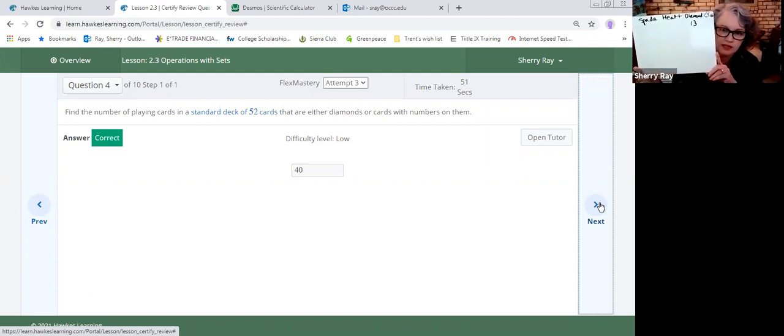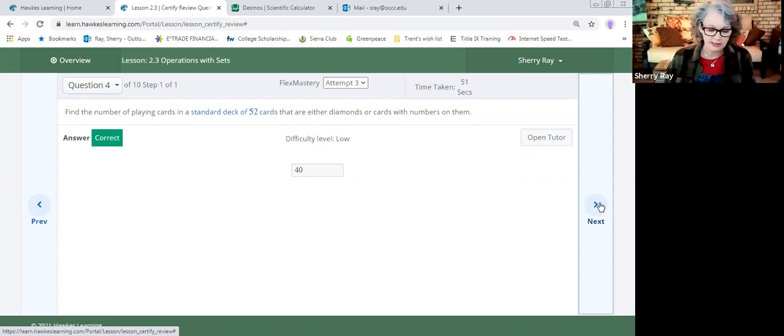diamonds. Now, we want the number of diamonds or the number of cards that have a number on them. We don't count ace. We don't count jack, king, or queen.